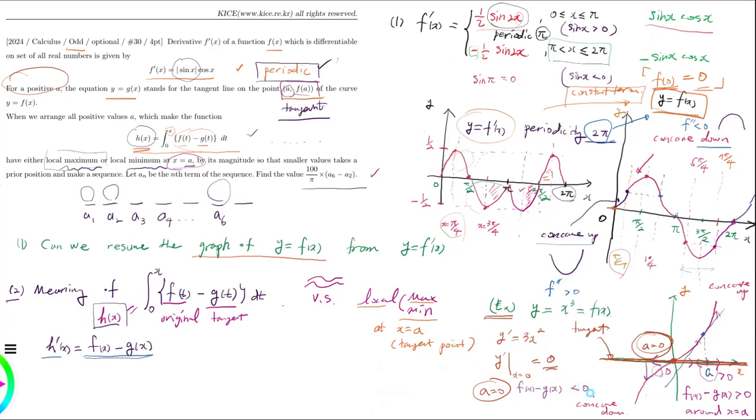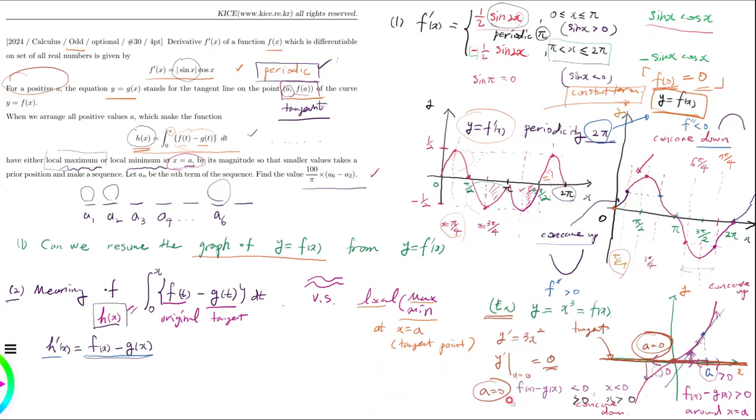So it's negative for negative x. And for positive x, the original function is above the tangent line. So it is positive for positive x.